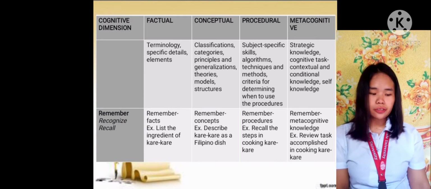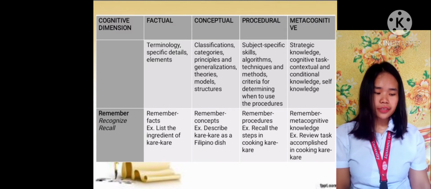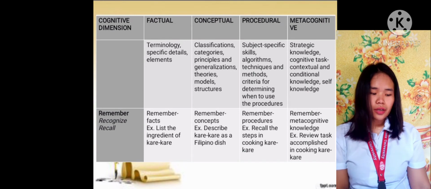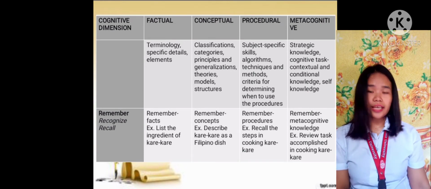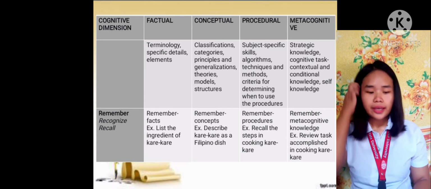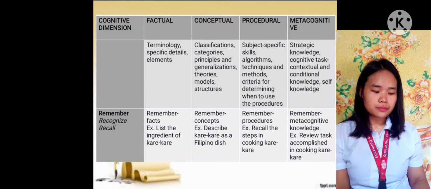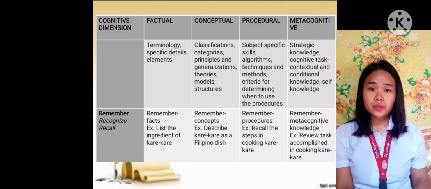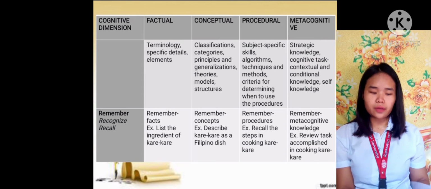So, procedural is how to do something, methods of inquiry, and criteria for using skills, algorithms, techniques, and methods. And the last is the metacognitive knowledge. Metacognitive is the knowledge of cognition in general as well as awareness and knowledge of one's own cognition.